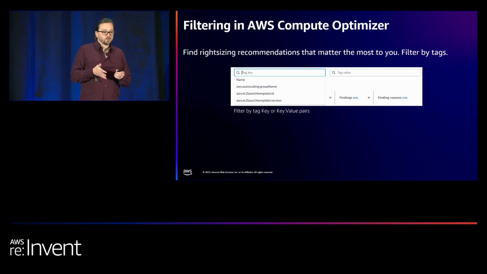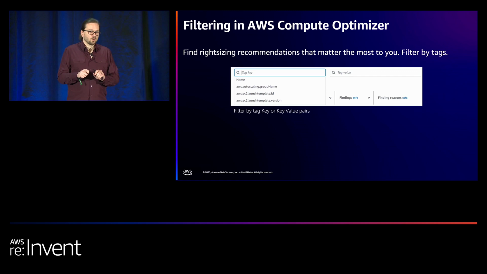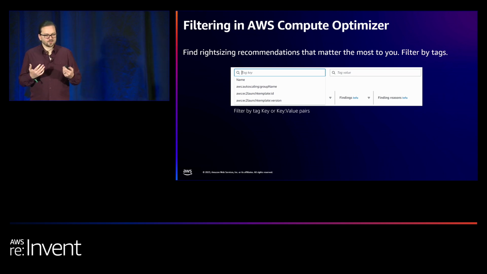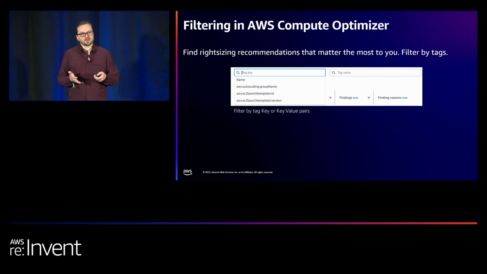So it's cool because you can filter by key or key value pair or combinations of both. So if you have business unit and application, you can do both at the same time and get your results. So that allows you to go into Compute Optimizer and look at just the recommendations that are relevant to your workload.